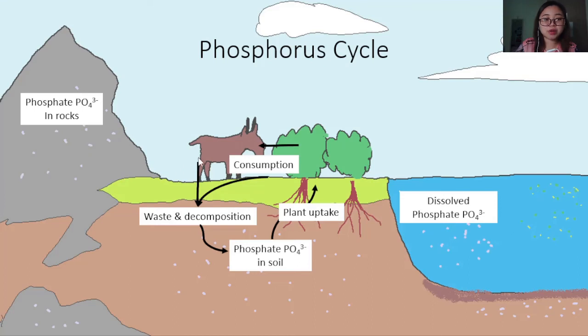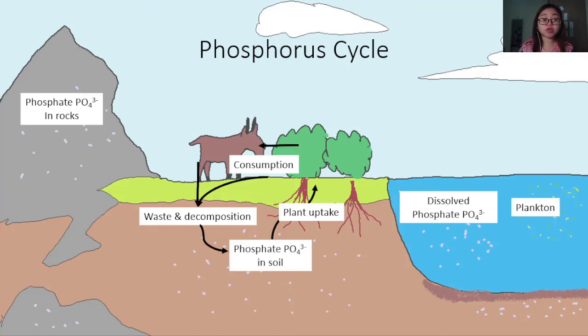As the animal produces waste, or when the animal dies, or when the plant dies, through their waste products or through their death, they are going to release that phosphorus back into the soil. So through the waste and the decomposition of dead organisms, phosphorus will be returned back into the soil. It's going to become phosphate in the soil again.